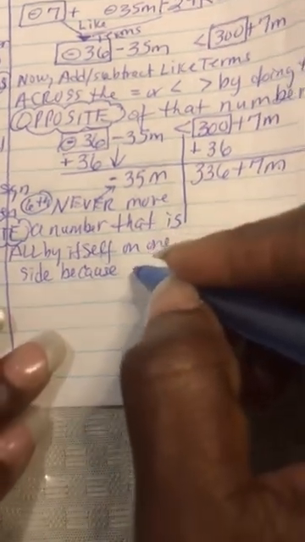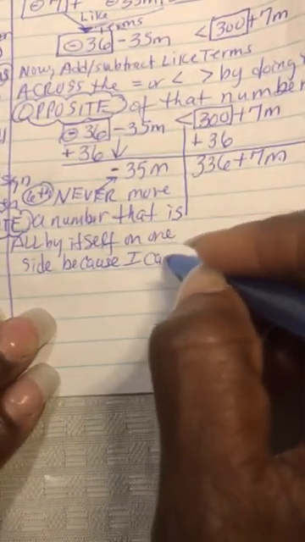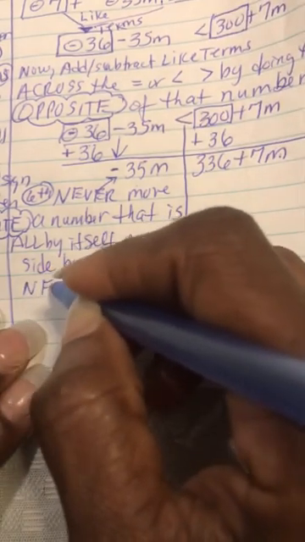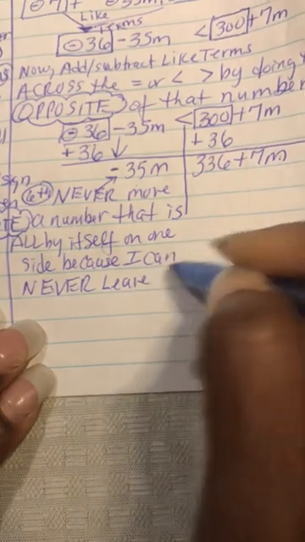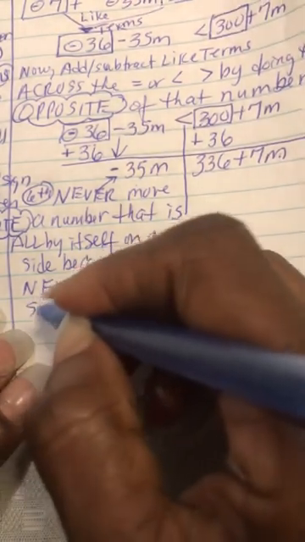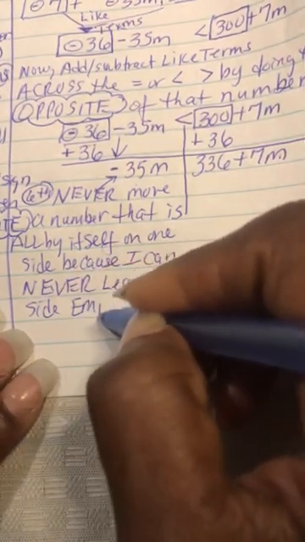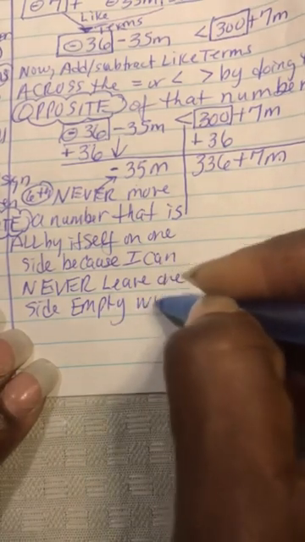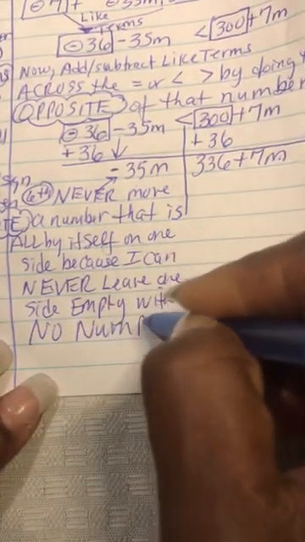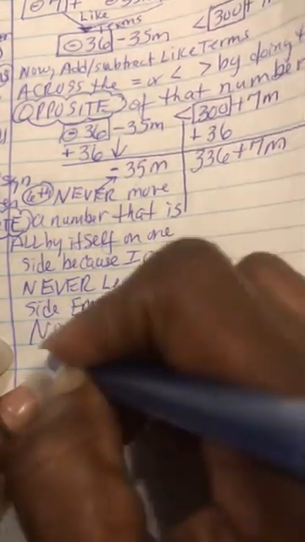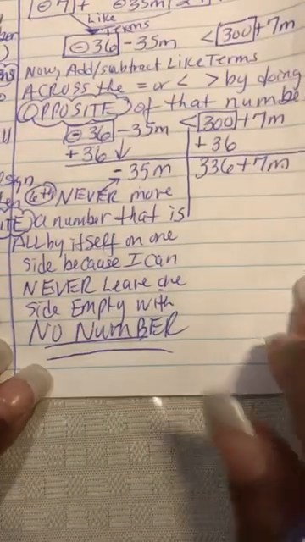Because I can never leave one side empty with no number. Okay, that's the 6th step.